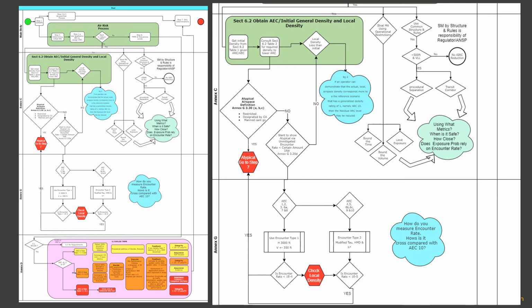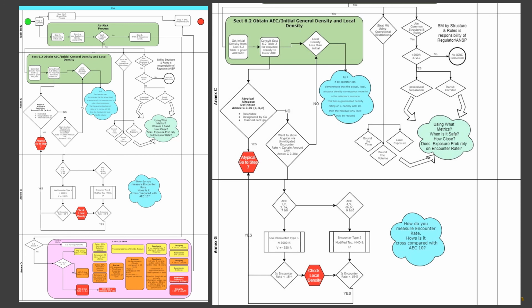I don't have time to drill into the entire process, but for those of you who want to scrutinize both the left-hand side and then the zoomed-in right-hand side, you'll note that a number of critical processes in the chain of evidence are reliant on the existence of data and airspace characterization, whether it's to demonstrate you're in atypical airspace, or to demonstrate that your local density is different, or to assess the effectiveness and safety of procedural separation and transit corridors.